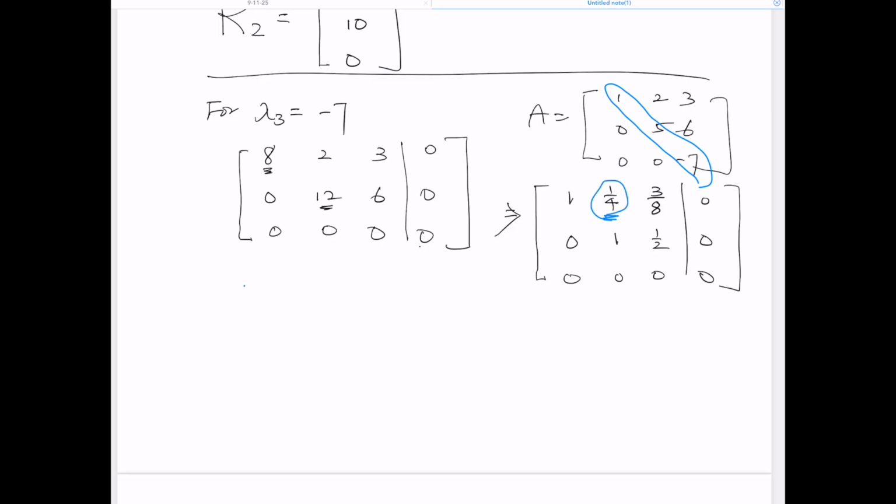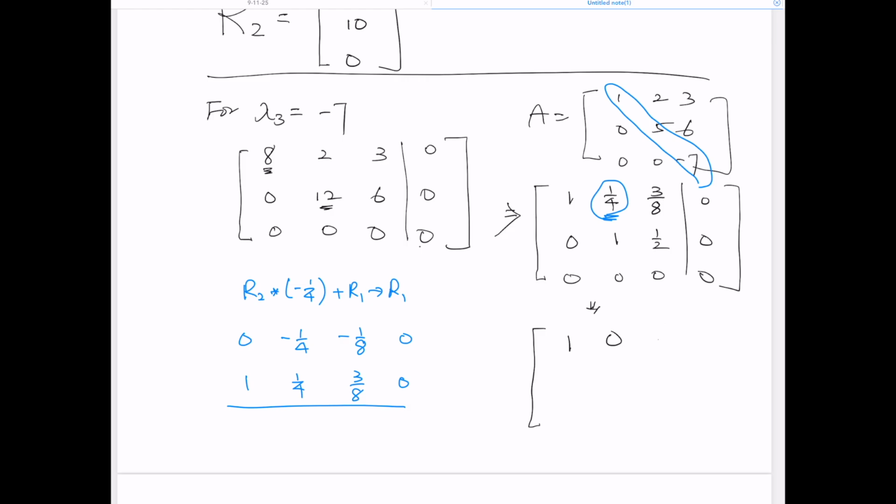So what we want to do, R2 times negative 1 over 4 plus R1, put it back to R1. 0, negative 1 over 4, negative 1 over 8, 0. And 1, 1 over 4, 3 over 8, 0. It's going to be 1, 0, 1 over 4, 0. And 0, 1, 1 over 2, 0, 0, 0, 0, 0.